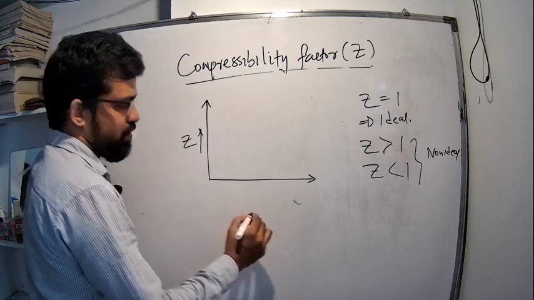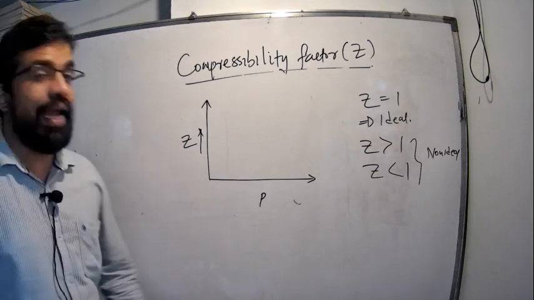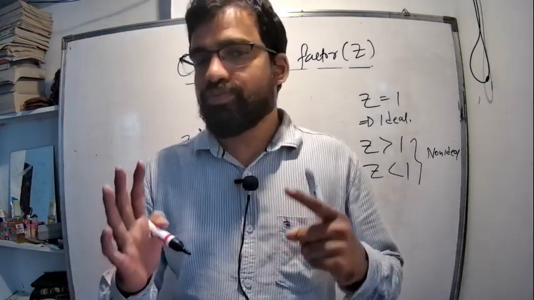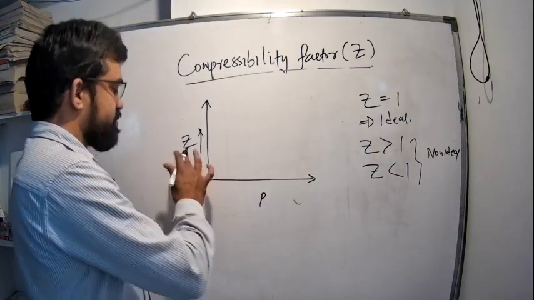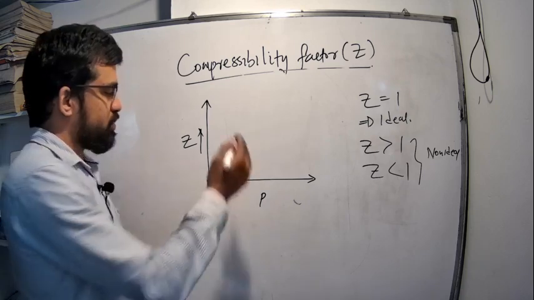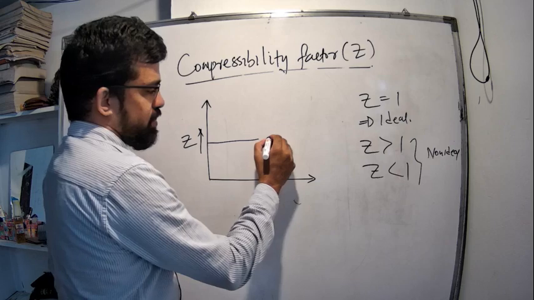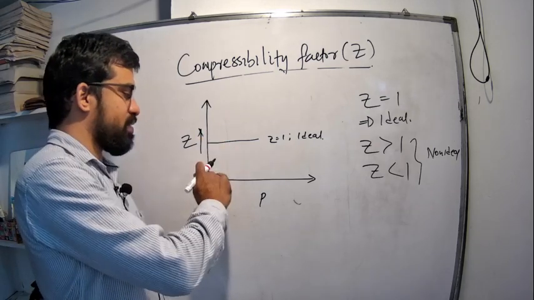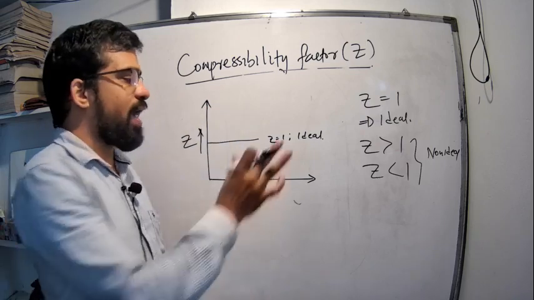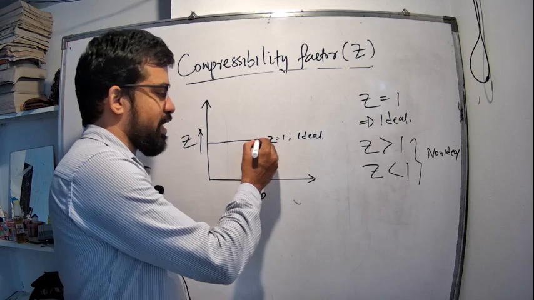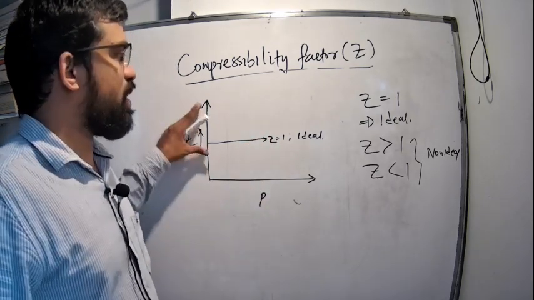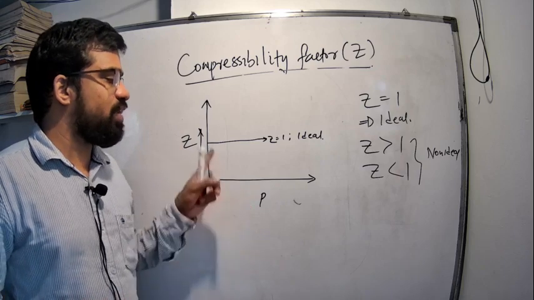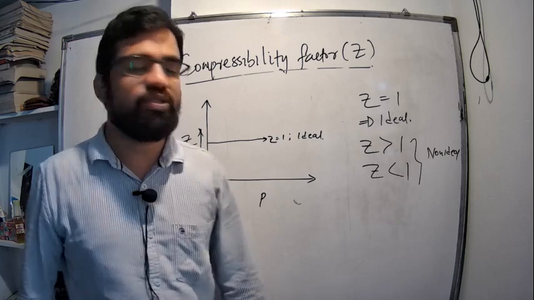In an ideal condition, if a gas is obeying the ideal gas equation, Z is always 1, so the plot of Z versus pressure will be a parallel, straight line at Z equal to 1. Below it Z is less than 1, and above it Z is greater than 1.